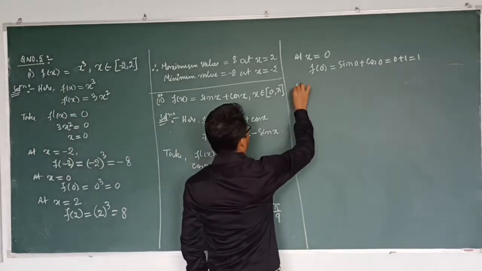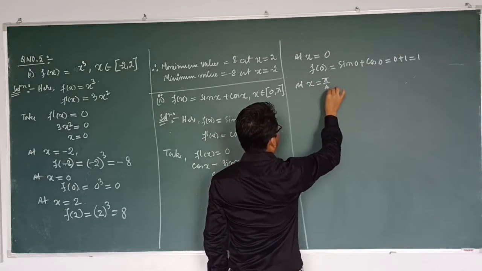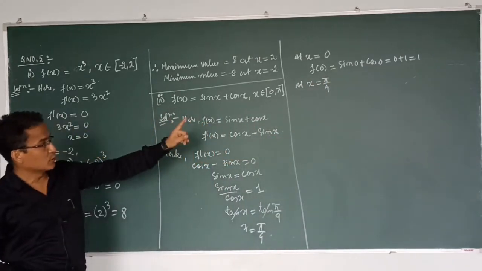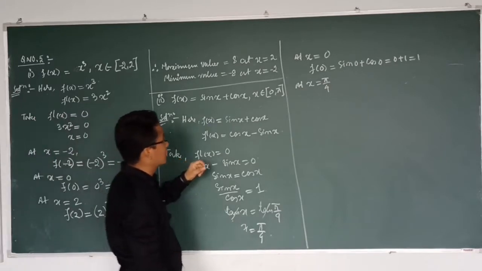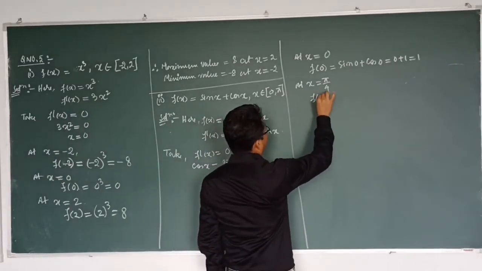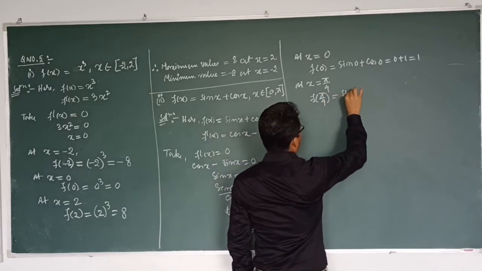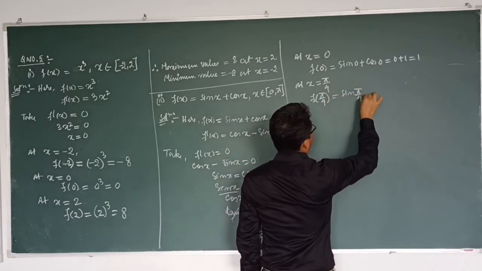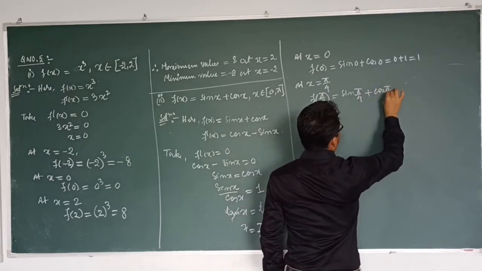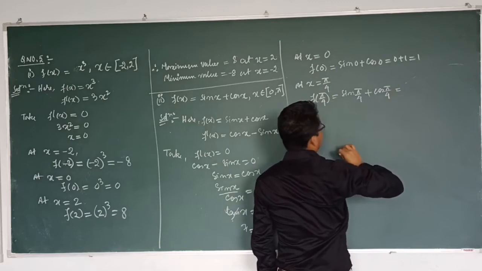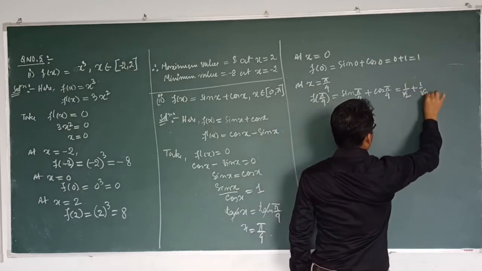Next, we take x equal to pi by 4. So when x equals pi by 4, we put the value pi by 4 here. So sin pi by 4 plus cos pi by 4, which is 1 by root 2 plus 1 by root 2.